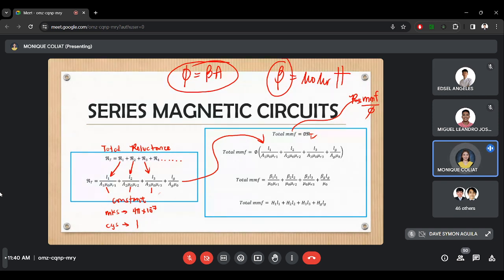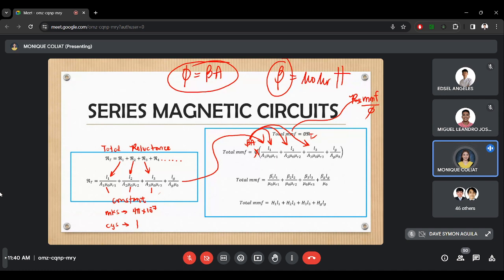But in case na ang given sa inyo ay in terms of flux density or B, you can use this formula naman. So, di ba si flux is flux density times area. So, apply mo dito. Substitute mo siya. Then, distribute sa loob. Distribute nyo.